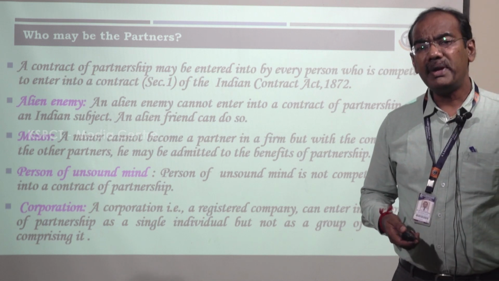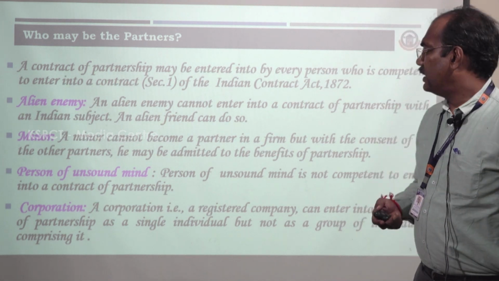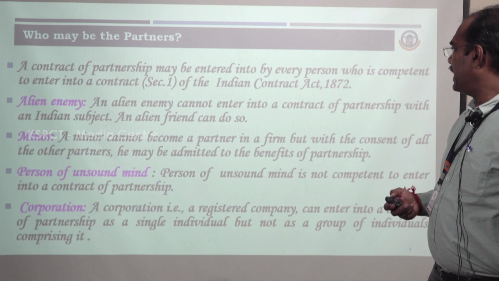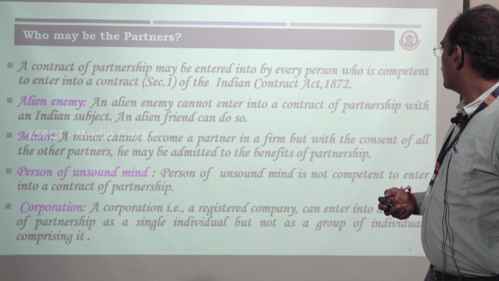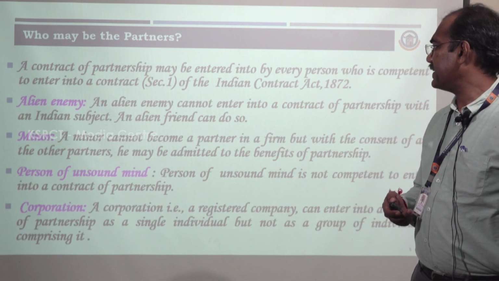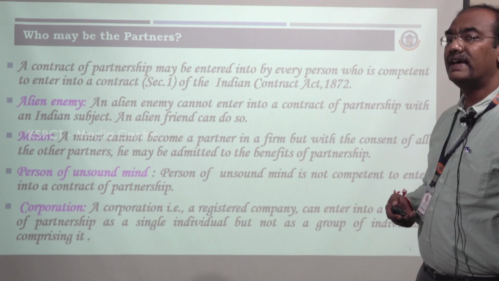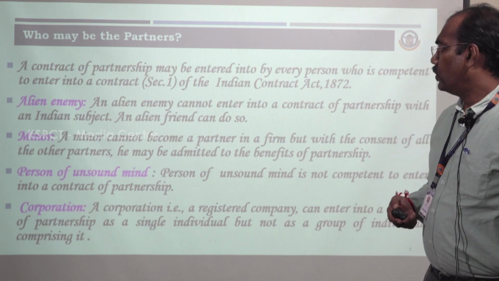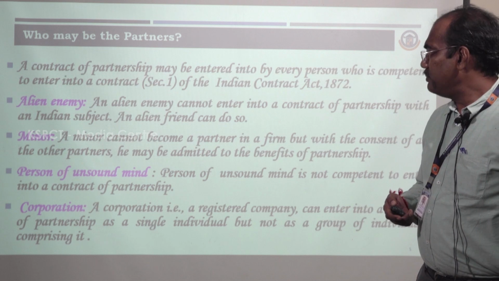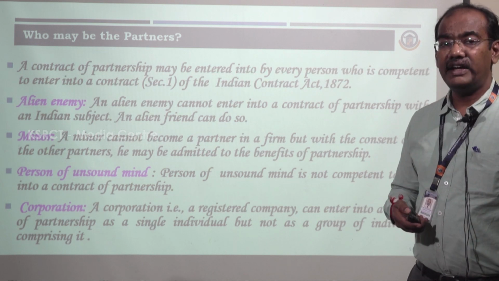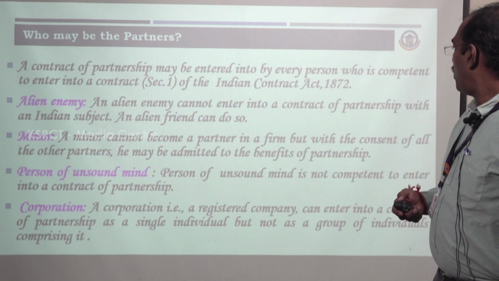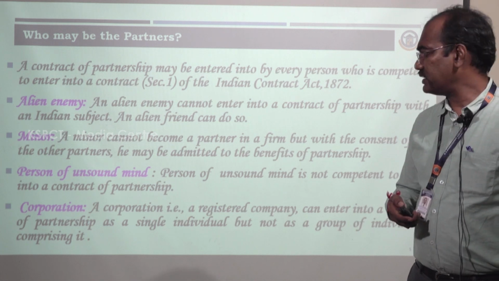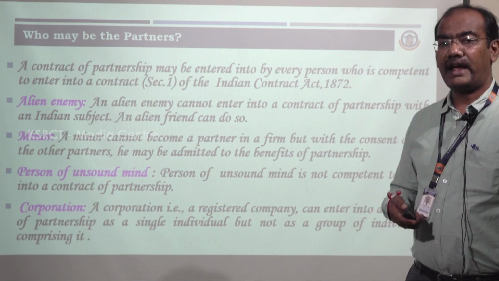Let's see who may be the partners. The contract of partnership may be entered into by every person who is competent to enter into a contract, section 11 of the Indian Contract Act 1872. An alien enemy cannot enter into a contract of partnership with an Indian subject. An alien friend can do so.